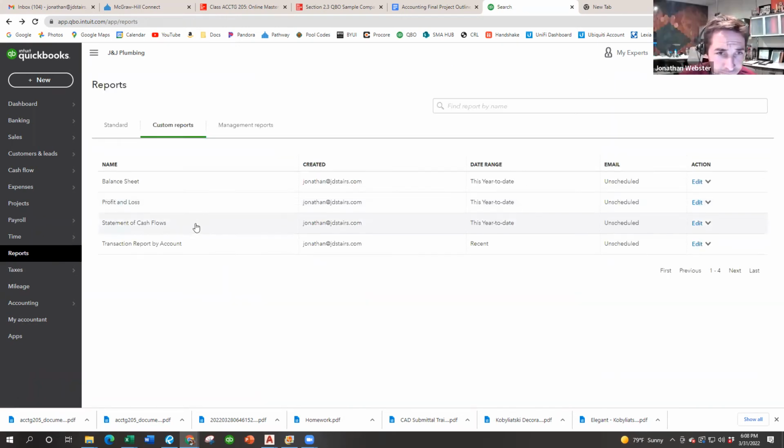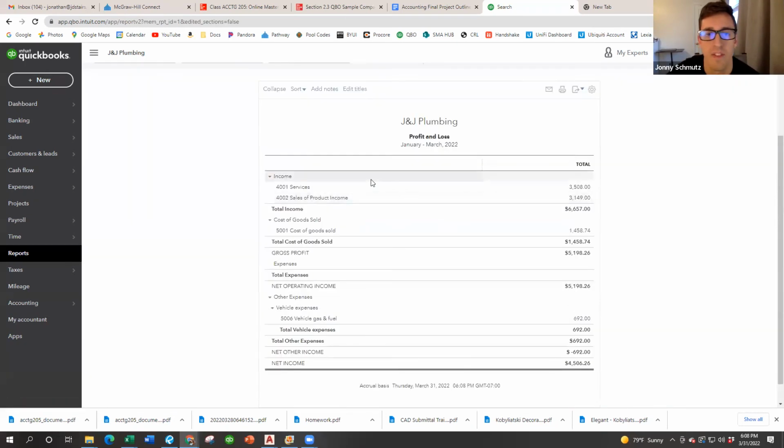Okay. And then if we go to statement or profit and loss. Profit and loss. Okay. Yep, that tells us if we're actually making money or if we're losing money. At the end of the day, how much are we making? What's the bottom line number? And that of course is important because you want to know if you're actually profitable or not as a company.